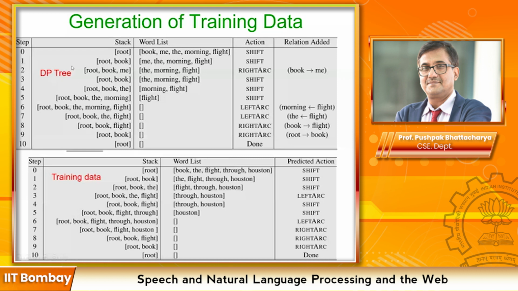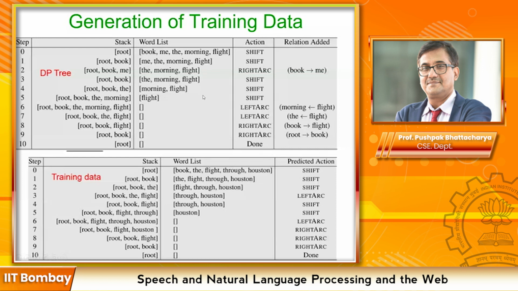So the dependency tree is obtained, which is shown in the upper table, and the training data is shown in the lower table. Notice that the two examples are a bit different actually.